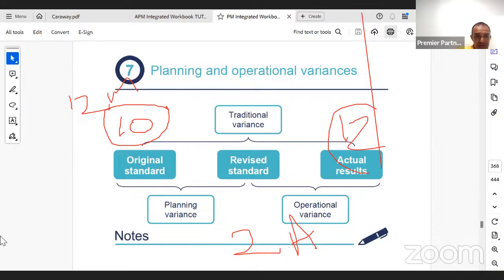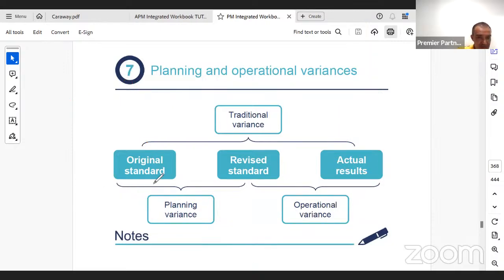So the solution is, standard costing says, fine, you keep the original standard as it is. You introduce another standard, which is called the revised standard. This standard is based on what is happening now, current market conditions. Now you compare your actual performance with your current market conditions.